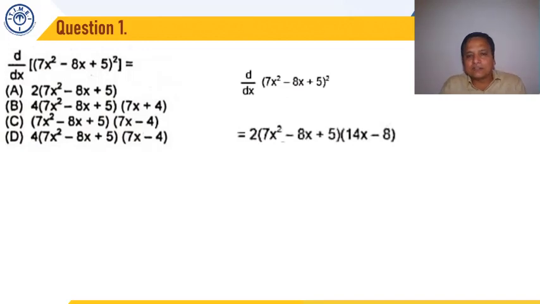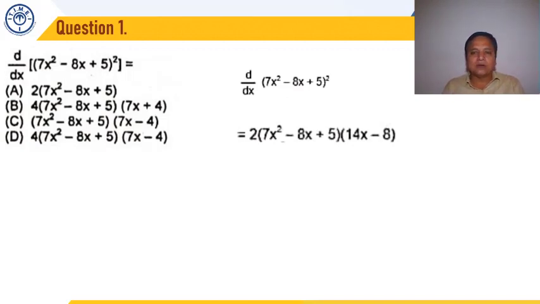So d by dx of (7x square minus 8x plus 5) whole square is 2 (7x square minus 8x plus 5) to the power 2 minus 1, that is 1, into differentiation of 7x square minus 8x plus 5. Now differentiation of 7x square is 14x, minus 8x is minus 8, plus 5 differentiation is 0.